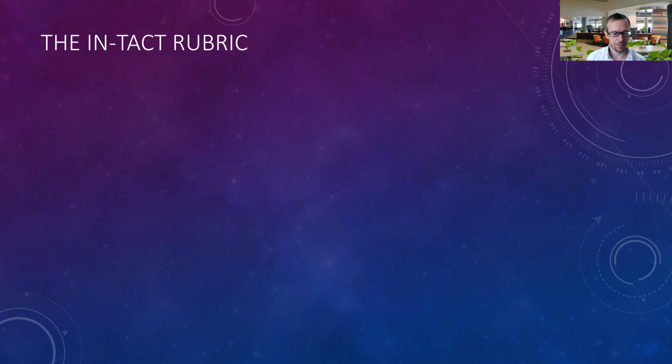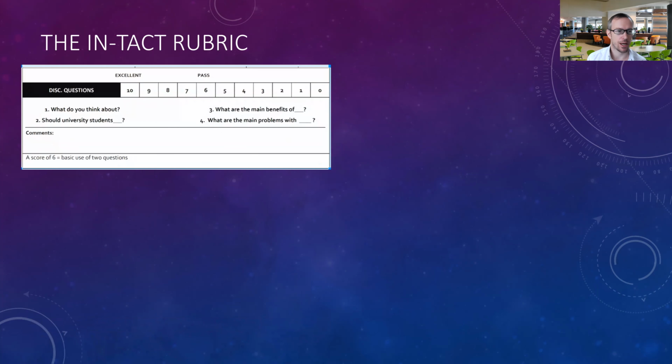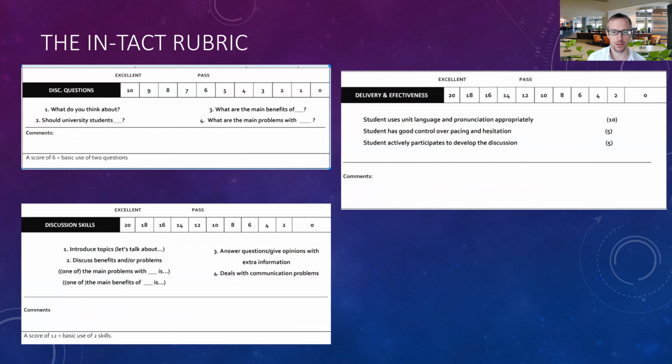So here is the rubric that we had. It had 3 sections, and it's a checklist type of rubric that I've mentioned before. There's discussion questions, top left, discussion skills, bottom left, and delivery and effectiveness on the right.